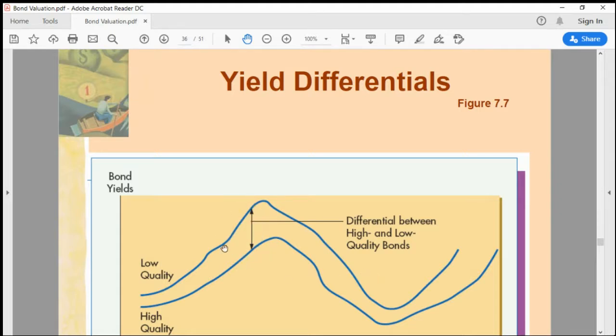This difference can generally be used as the risk premium, right?